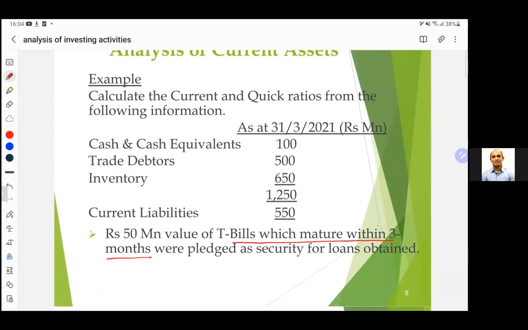Therefore, this goes to cash equivalent. Now you see cash equivalent consists of 50 million.